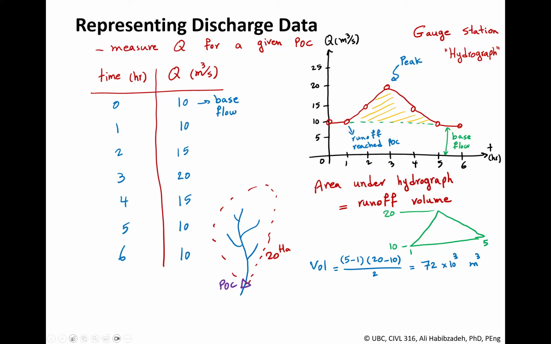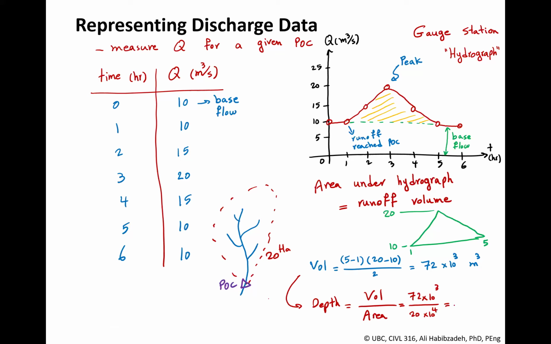Okay, let's now convert this to depth as well. So depth of rainfall over the catchment will be, obviously, the volume that we receive over area. So it will be equal to 72,000 divided by area, which is 20 hectares. So multiply by 10 to the 4th to convert it to square meters.